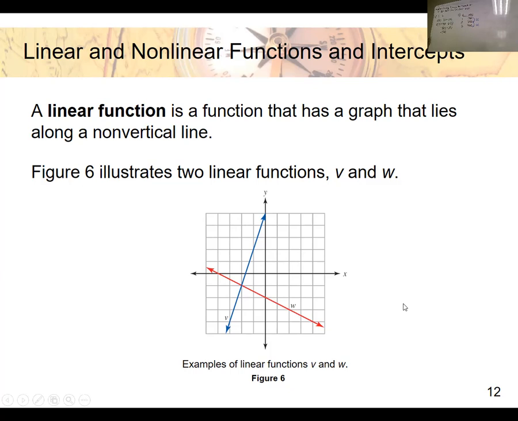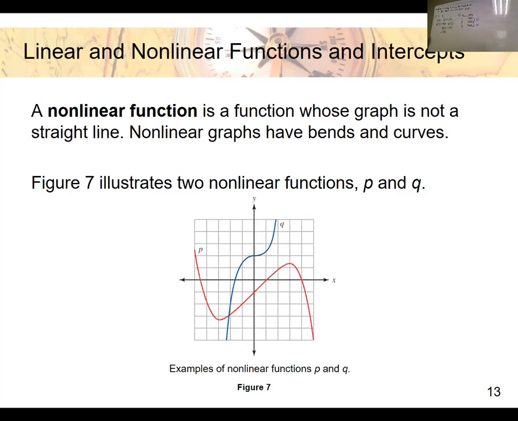All right, now on the other hand, we have a non-linear function like this. A non-linear function, of course, is a function where the graph is not going to be a straight line.